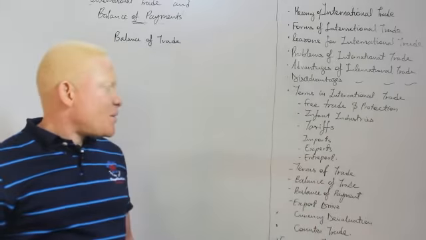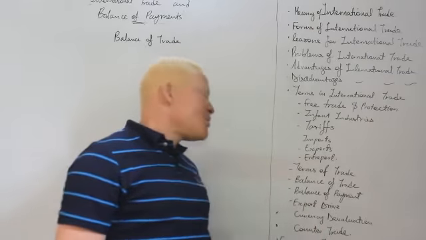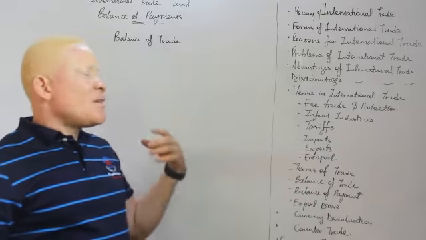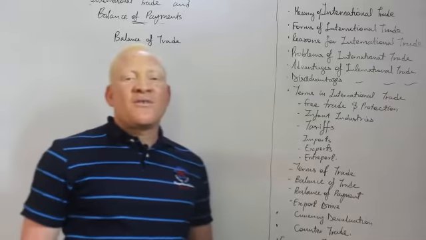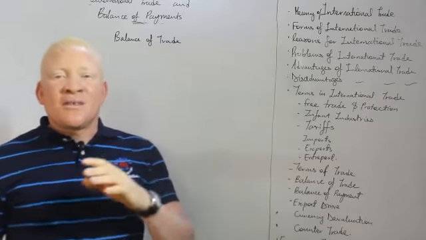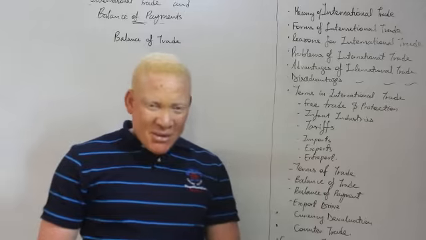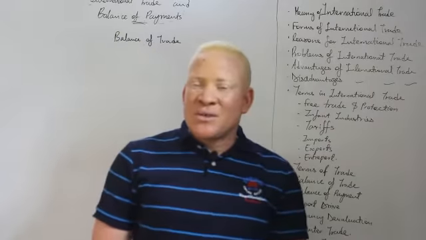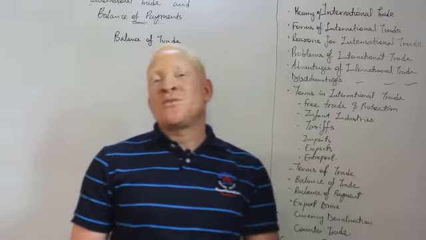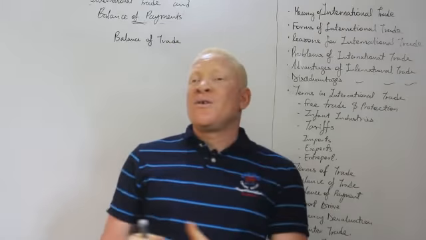Unlike balance of payment, which is the next one. Balance of payment refers to the comparison of the total receipts from a country's total exports, that means both visible and invisible exports, and the expenditure on total imports, whether visible or invisible.